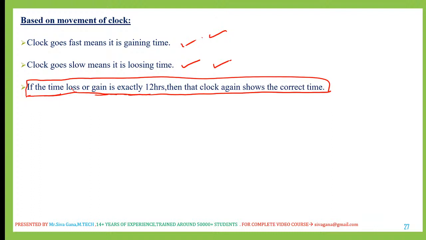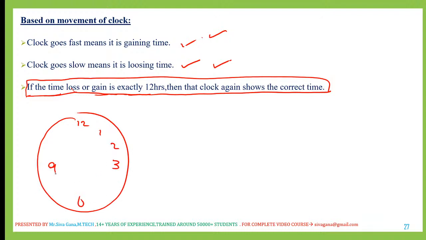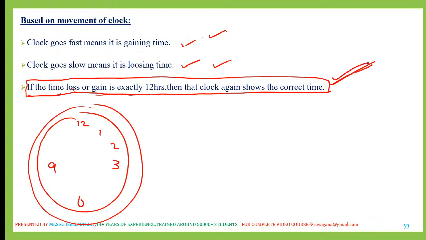If time gain is 12 hours, the clock again shows correct time. If the total time loss or time gain is 12 hours, again it shows correct time. One of the important points, I will discuss this point with the help of questions also.